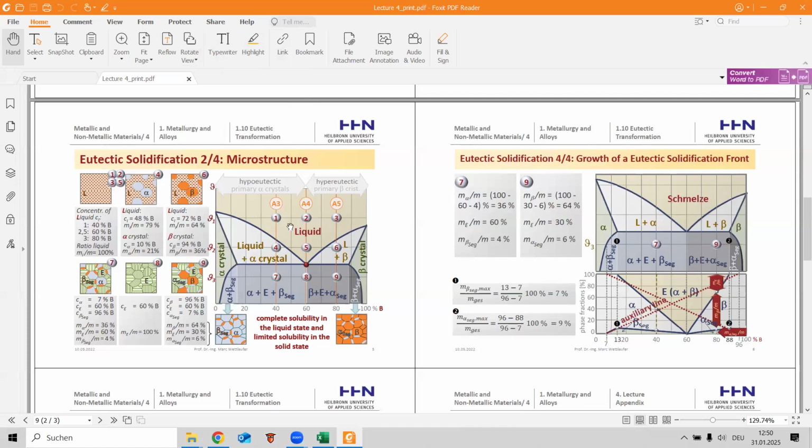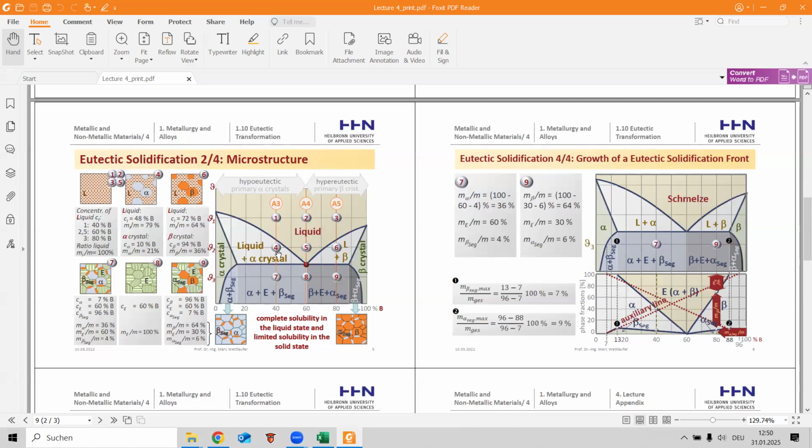So at points 1, 2, 3, and 5, we have a liquid phase here. So concentration of liquid, C liquid. At the first point we have 40% concentration B. At points 2 and 5, we have 60% concentration of component B, and at the third point we have 80%. And the ratio M liquid divided by M total is 100%.